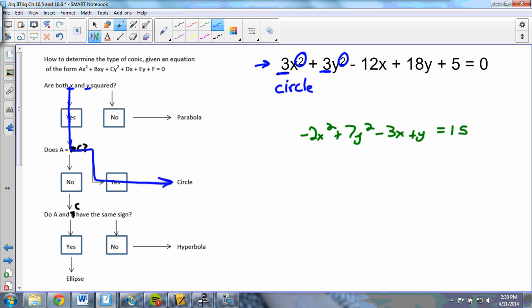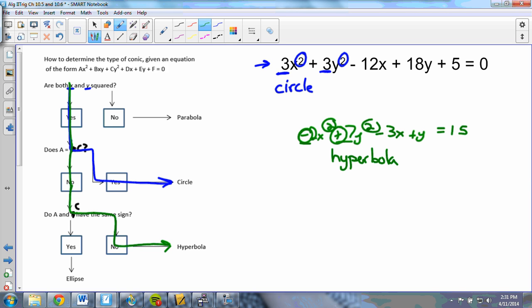We'll do it green this time. Are both x and y squared? Yes. So we're here. Does a equal c? No. A is -2 and c is 7. So that's a no. Do a and c have the same sign? This one is negative. This one is positive. That's what I mean by sign, positive, negative. That's also a no. So this over here is a hyperbola.